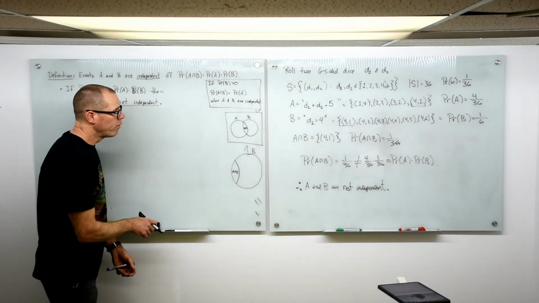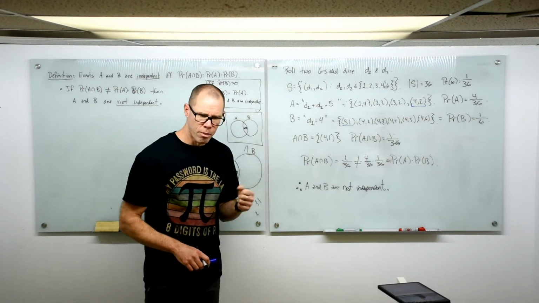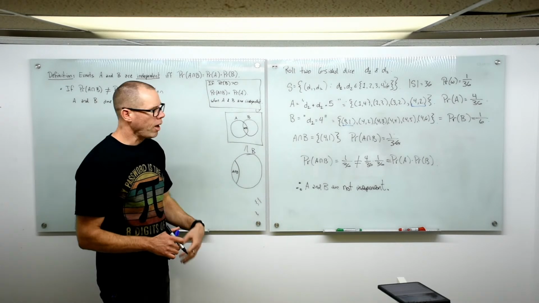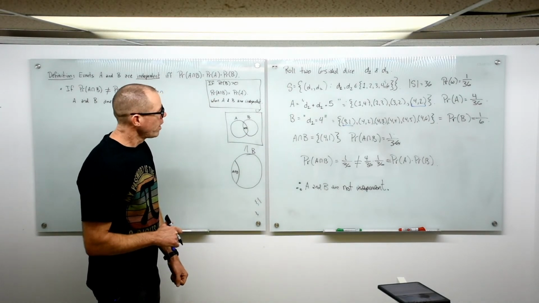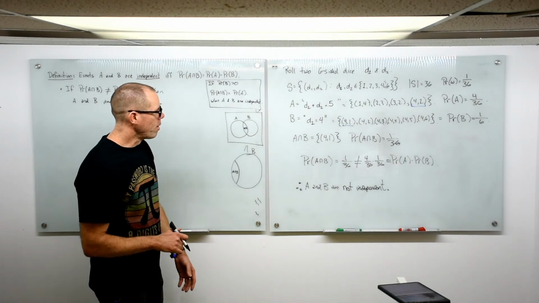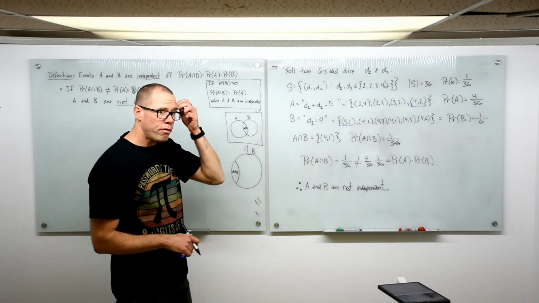So if I tell you that the sum of the two dice is 7, that doesn't tell you anything about what happened to any particular die. But if I tell you that the sum is some other number, 5 in this case, then that does have some effect.